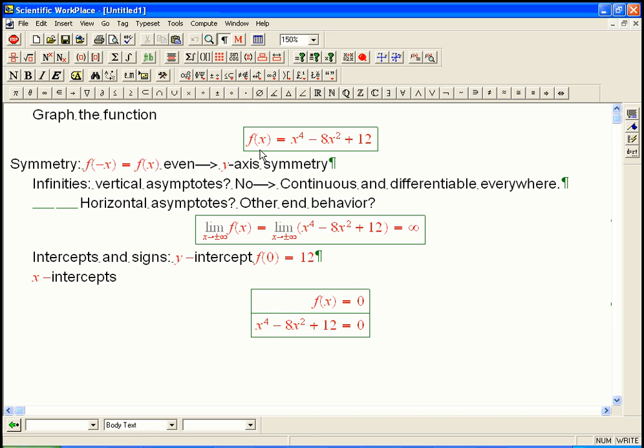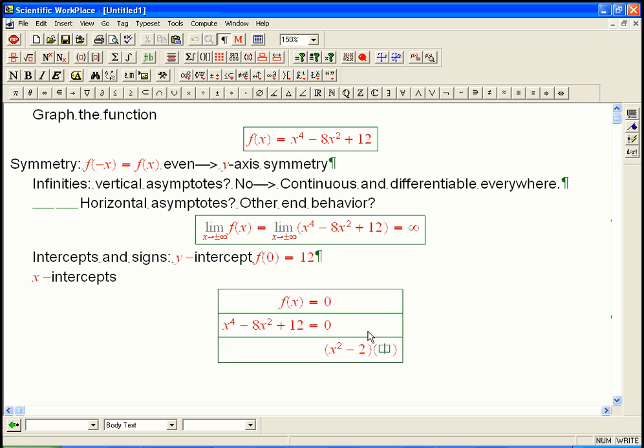equals 0. Now, this is a great example for a lot of these things. It's a great example of the fact that this is a toolbox, not a step-by-step method. If this turns out to genuinely be too hard to solve, then just drop it. You might want to just not try to find it. In this case, I made sure that this would actually factor. It turns out, as someone observed in class, it's x squared minus 2 times x squared minus 6.